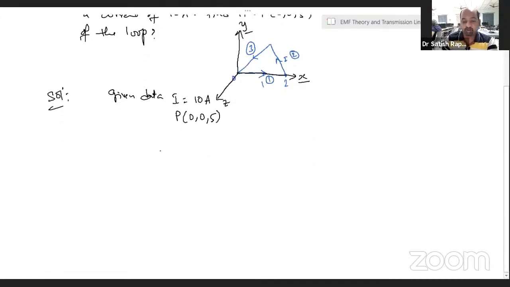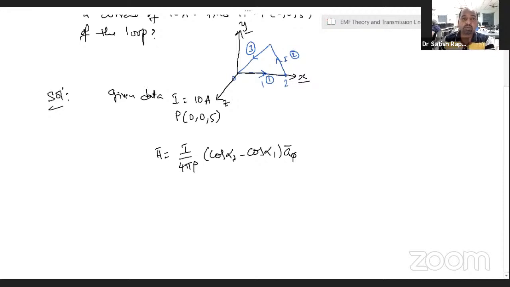So the formula: H bar is equal to I by 4 pi rho, cos alpha 2 minus cos alpha 1, a phi bar. So this is the magnetic field due to a finite length of conducting straight wire.